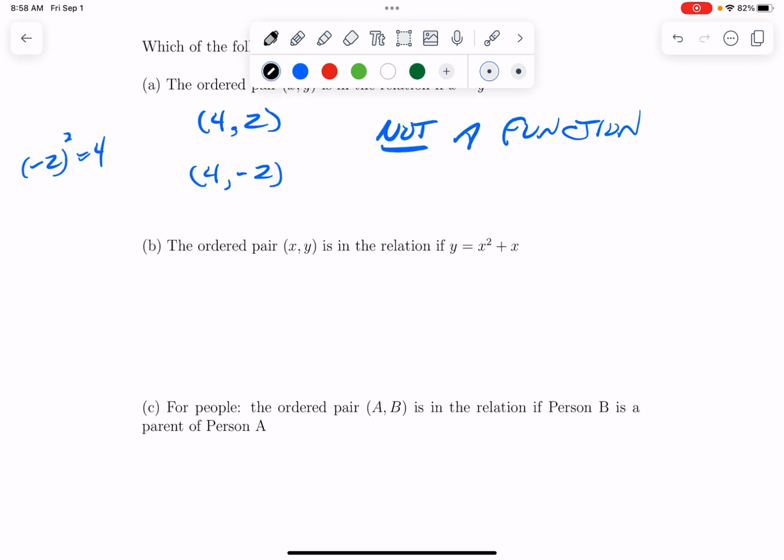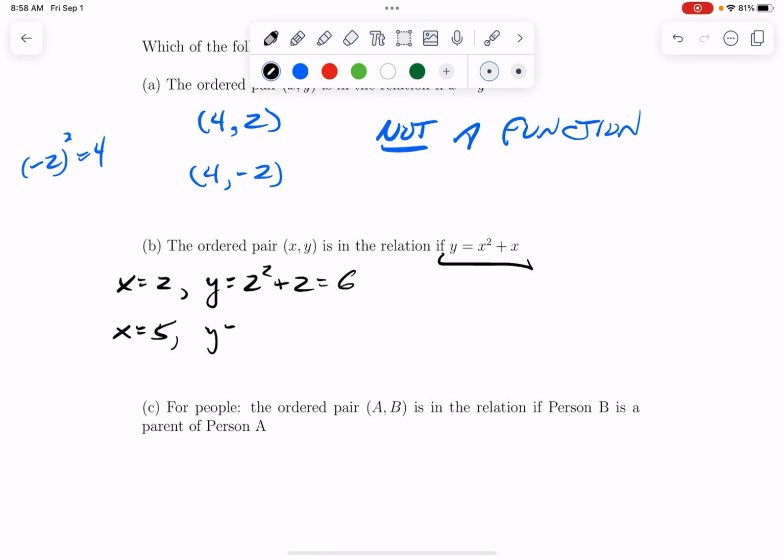How about if the ordered pair xy is in the relation if y equals x squared plus x? You can choose some examples. If x is equal to 2, then looking over here, we can actually calculate what y is. It tells us exactly what rule to follow. If we're following exactly one rule, then it leads us to one specific answer. I just do the arithmetic and I get 6. I don't get anything else. If x is equal to 5, I do the arithmetic and I get 30.